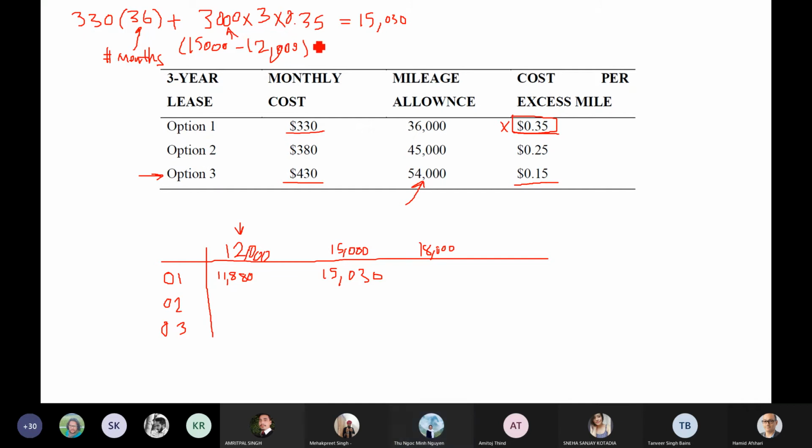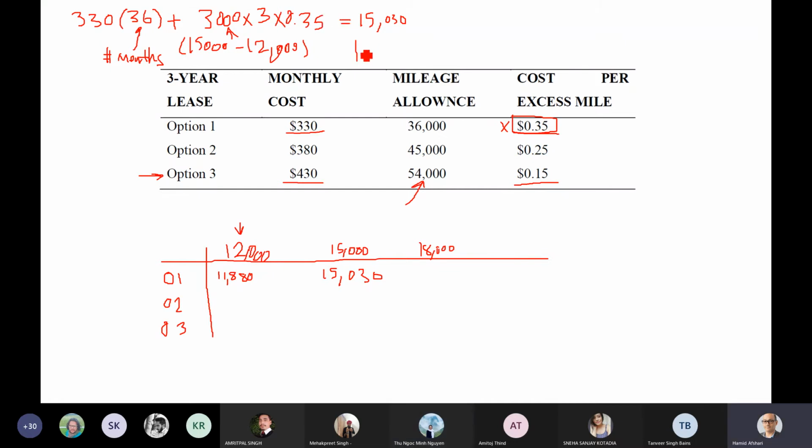So this number is for only 3,000 times 3 times 0.35, or do we need to add the fixed cost? Yes, 330. I think your colleague already added that as well.